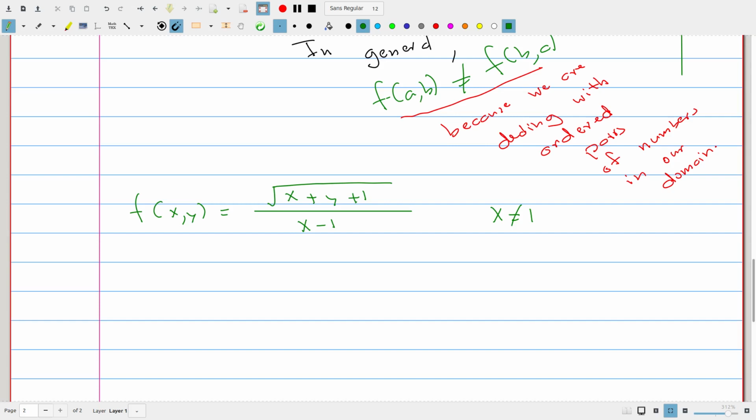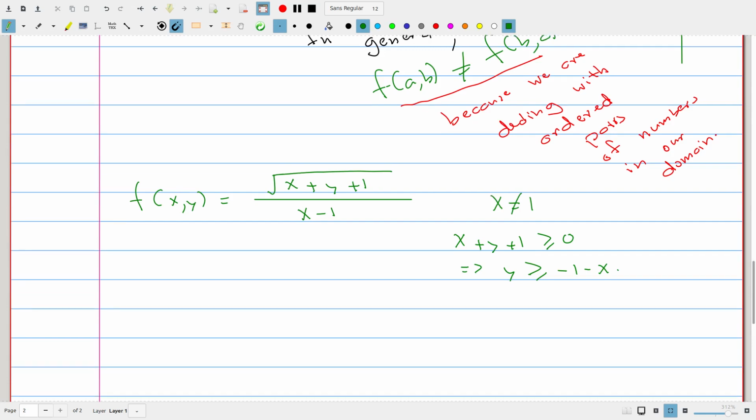And because of the existence of the square root, I can also state that x plus y plus 1 must be greater than or equal to 0. In other words, y must be greater than or equal to negative 1 minus x.